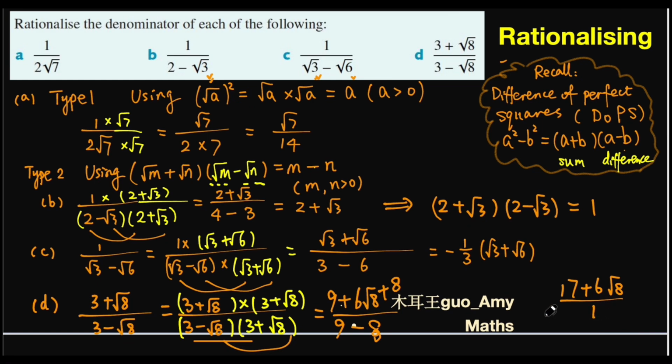So the denominator 1 can be hidden. And then root 8 can be simplified: root 8 is equal to root 4 times root 2, which is 2 root 2. Therefore, the final result will be 17 plus 12 root 2.